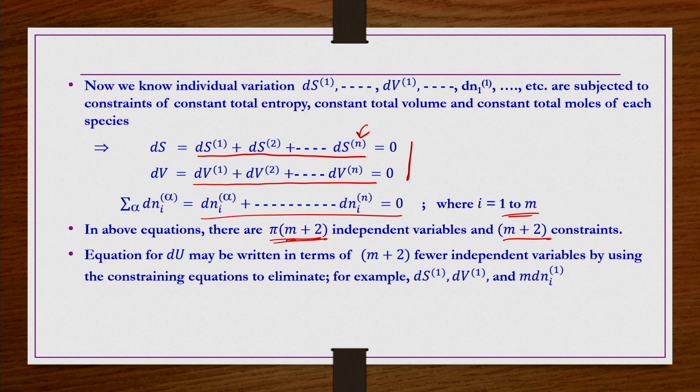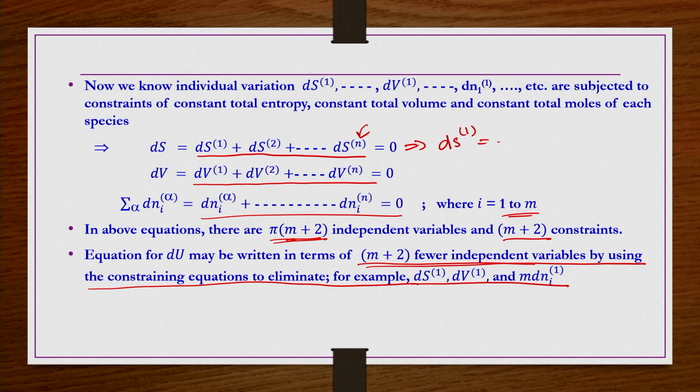Okay. But the equation for dU may be written in terms of m plus 2 fewer independent variables by using the constraining equations to eliminate, for example, dS1, dV1 and m dni 1 like this. What does it mean? Let us say from this equation, we have dS1, we can write it as minus dS2 minus dS3 and so on, minus dSn, that means one relation is reduced.